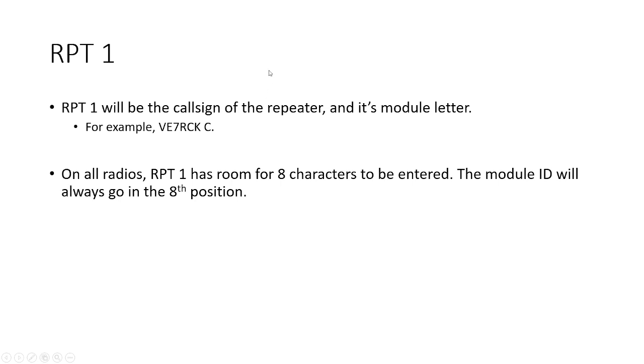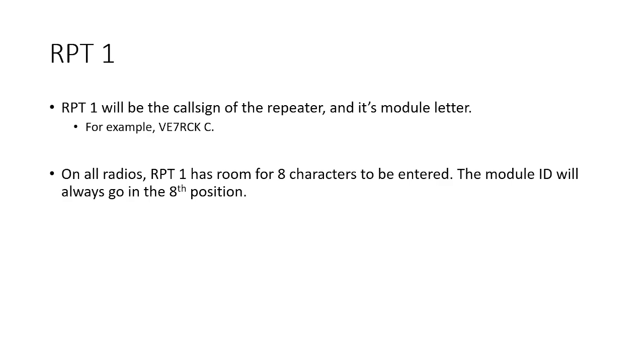So RPT1 will be the call sign of the repeater and its module letter. RPT1 can be thought of as where you want your signal to go. So RPT1 is you just telling your signal to talk across the VE7 RCK C repeater, for example. So your repeater call sign followed by its module letter.